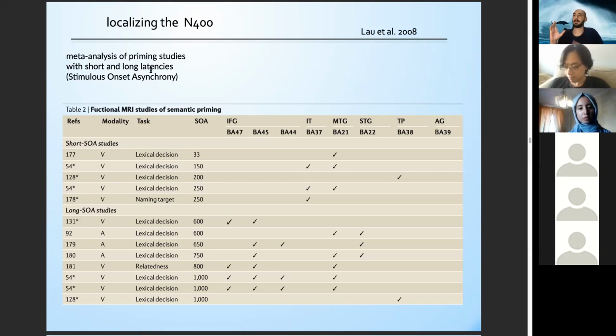So for instance, I can show you a picture of a dog, and then I present you the word animal or the word vehicle. And we know that if you have seen a picture of a dog, you're going to be faster at deciding whether animal is a word or not compared to deciding whether a vehicle is a word or not, or blicket is a word or not, okay?